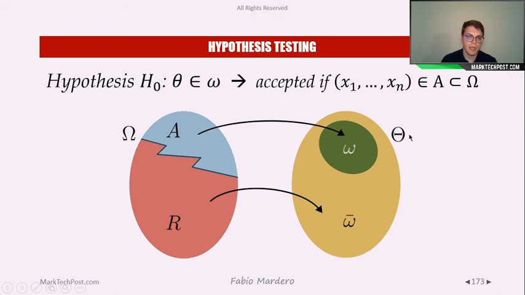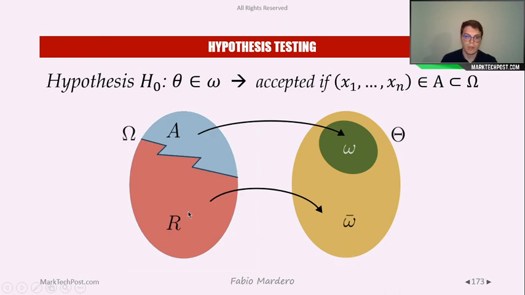We say that this hypothesis is accepted if the sample lies inside an acceptance region, inside the sample space.